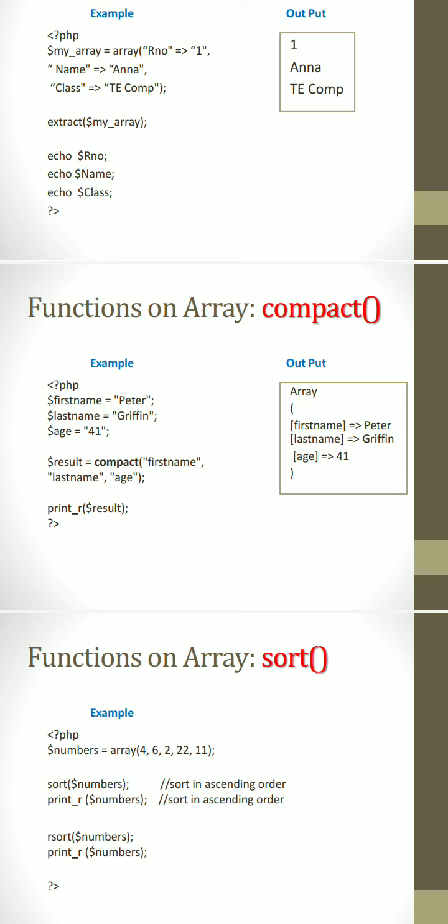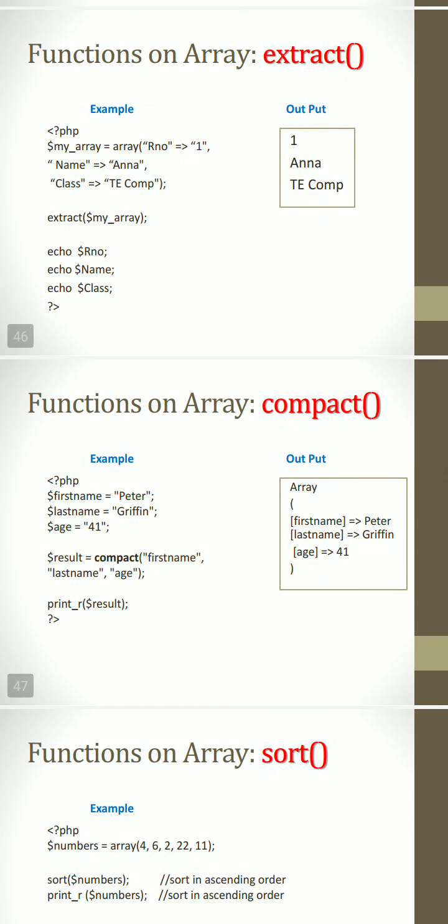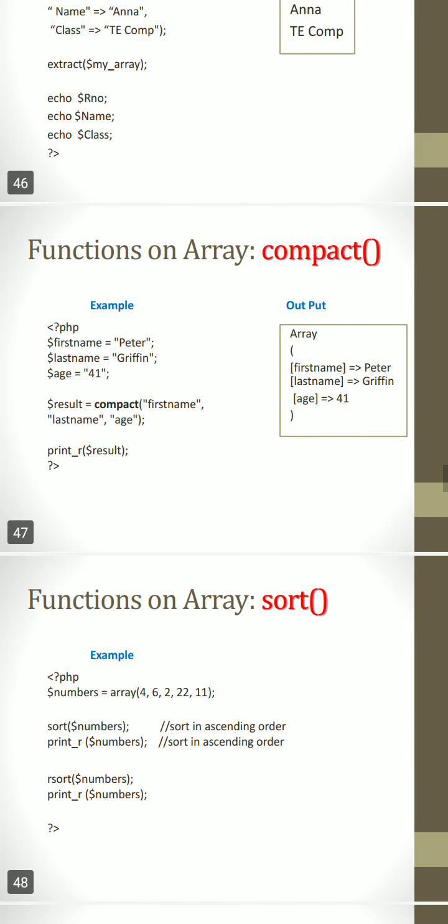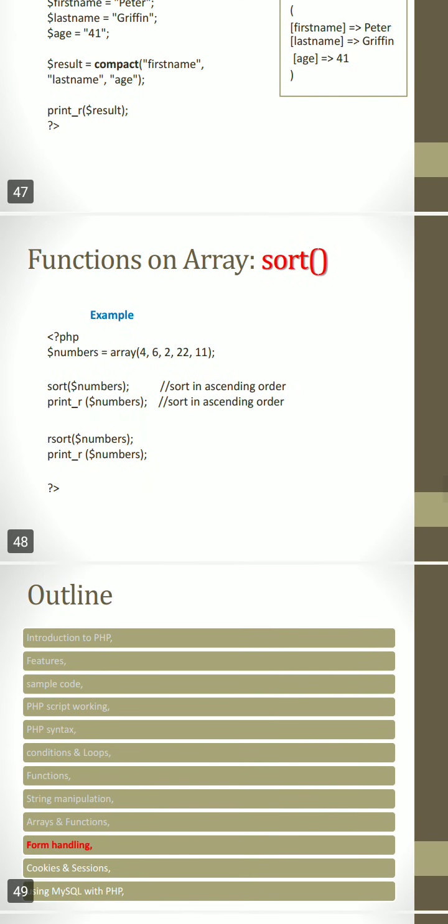For printing that array, correct? So what will be the output? Array in bracket firstname Peter, lastname Griffin, age equal to 41. So that means here it gives the opposite output of the extract function.